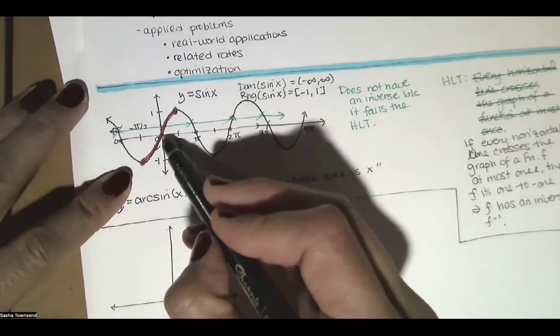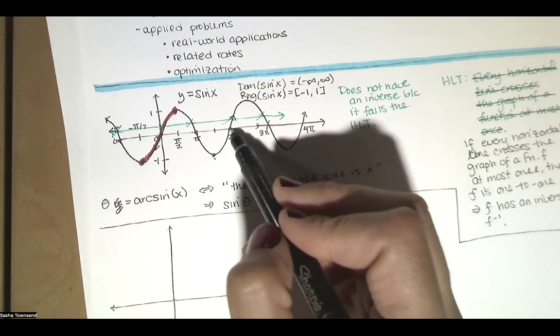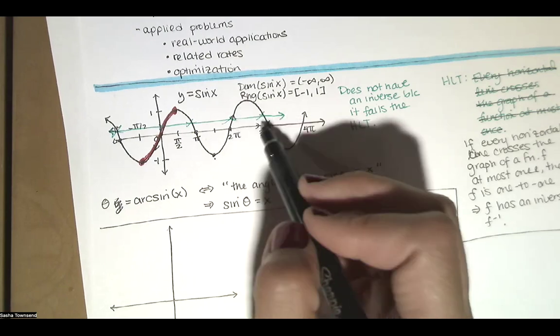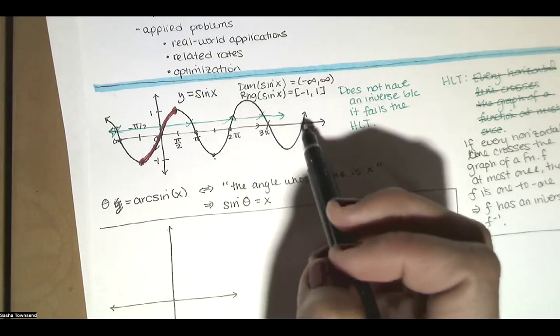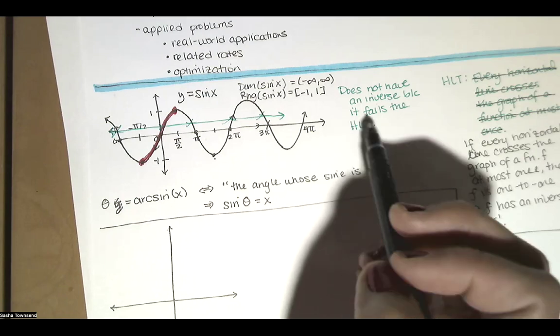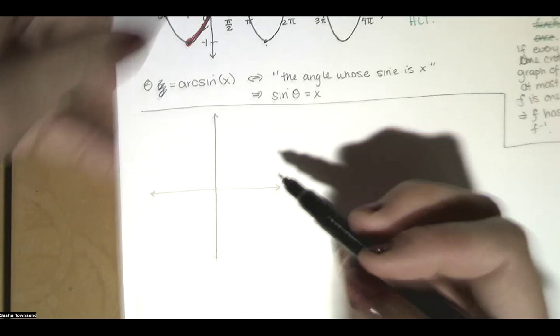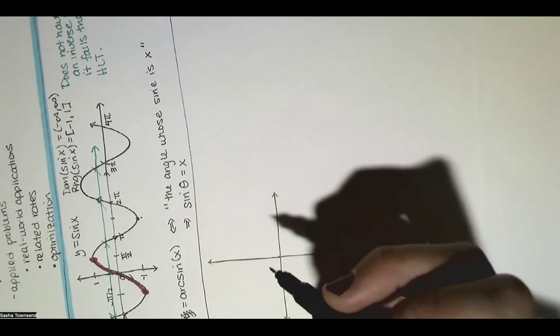We start at 0, then we go up to the max, then back to 0, then down to the min, then back to 0, and then we repeat that pattern. 0, max, 0, min, 0. That's how it repeats.